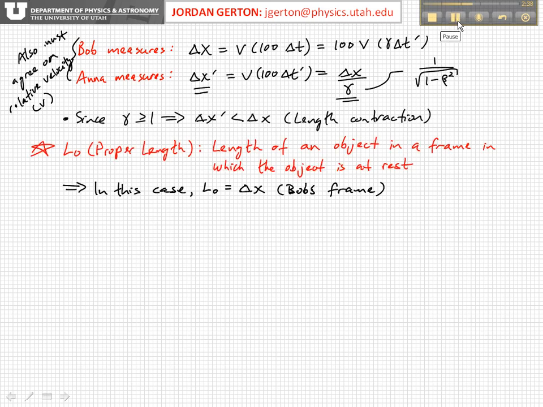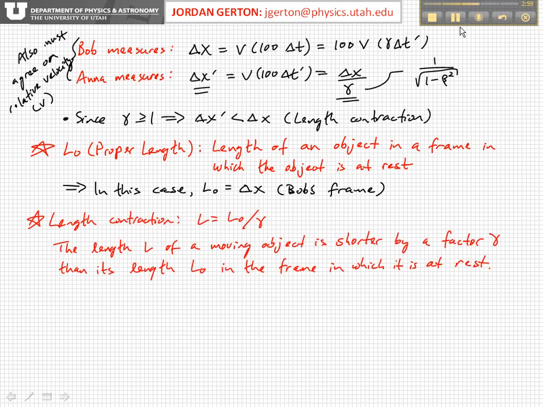Let's define the proper length, L naught, to be the length of an object in a frame in which the object is at rest. We've said that before, but now we have a nice clean definition for it. In this case, L naught is equal to delta x, the length measured in Bob's frame.